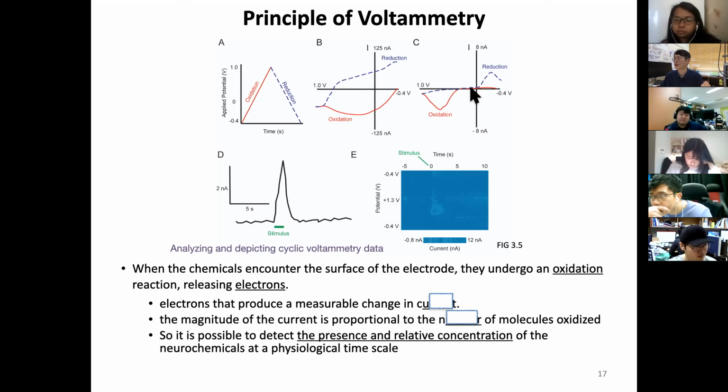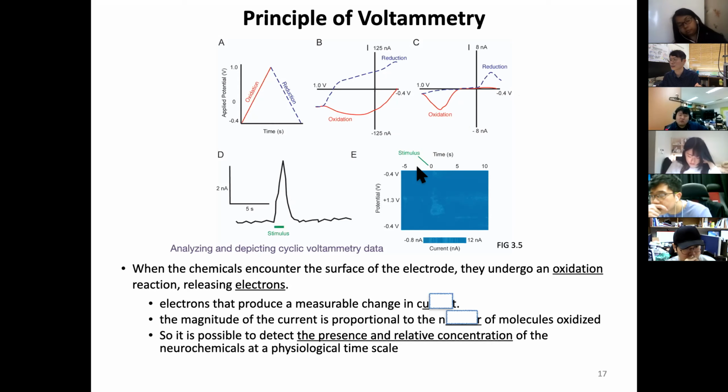So the order is like this: oxidation and reduction. And that can be quite fast. This can be done within 1 second, so you can even give a stimulus and measure the current. This is the final diagram I want to show.